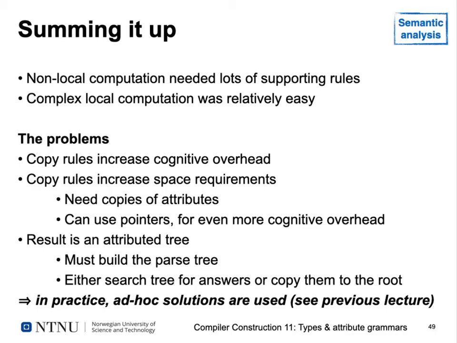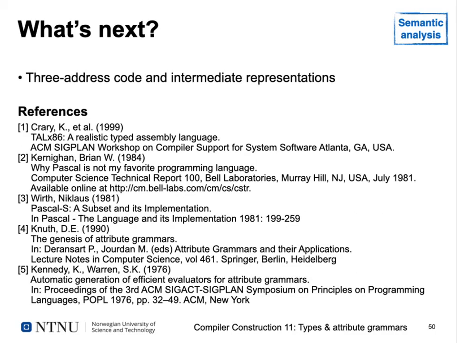See the previous lecture for something on ad hoc solutions, because writing very complex attribute grammars is a nice theoretical exercise and people are doing it in academia, but it's really a nuisance if you try to do it in a real world production compiler.